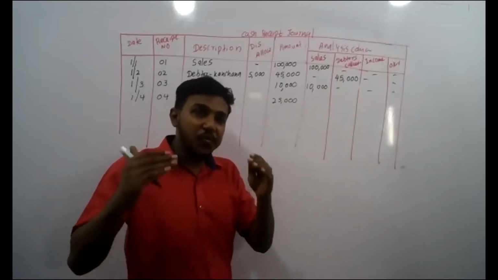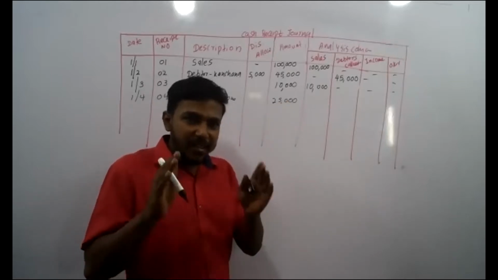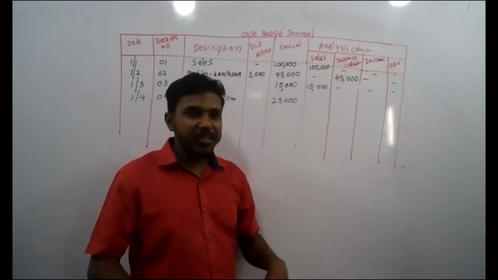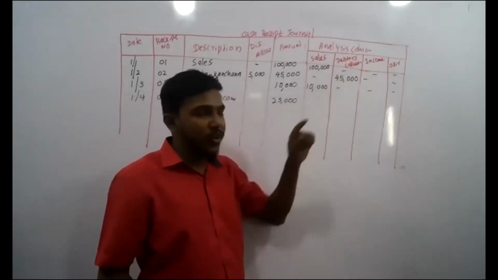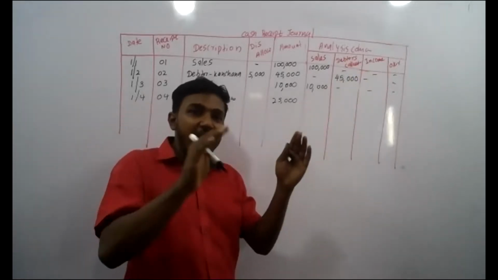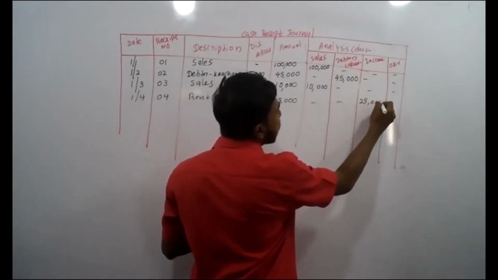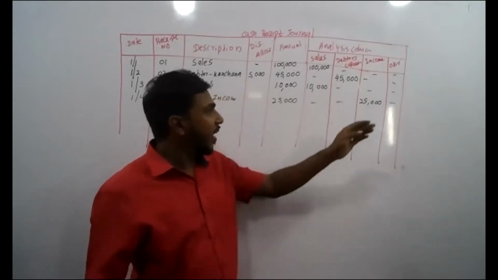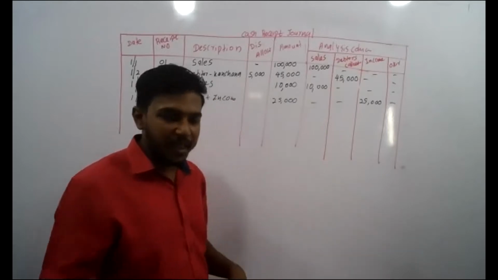You have to argue what the source is. Rent income, is the source sales? No. Rent income, is it debtor's collection? No. Instead, it's income for you. Basically, all the other incomes would be categorized under the income column, so it's 25. Clear?